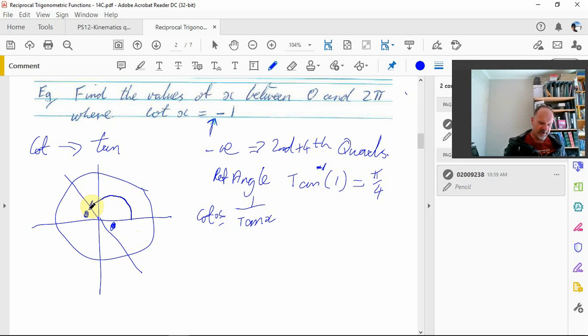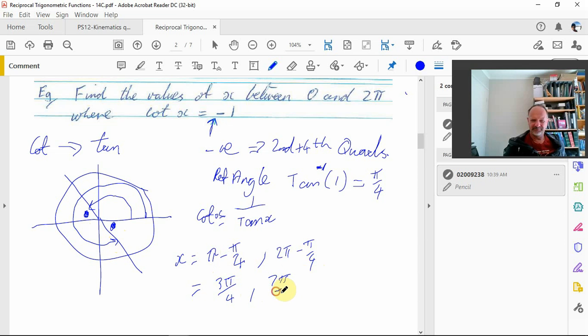So that one around to there, and that's pi minus pi on 4. And then the other one, we can go all the way around to there, which is 2 pi minus pi on 4. All right, neaten that up. 4 minus 1 is 3. 2 4s are 8 minus 1, 7.